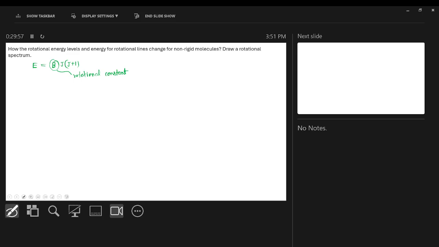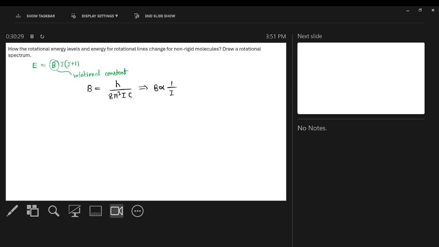If you write the B, it is h over 8 pi square I c. So you can see here this B is inversely proportional to I. What does it mean?